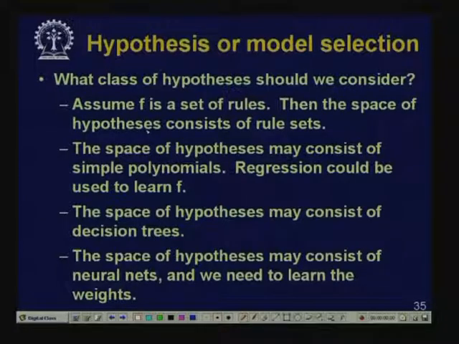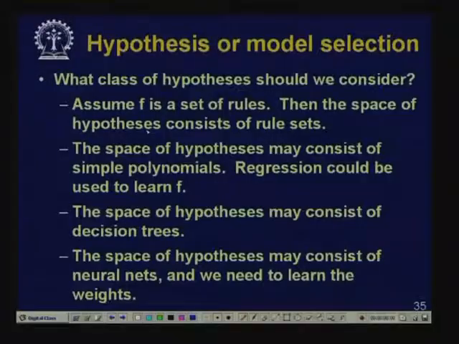The space of hypothesis could be simple polynomials. The space of hypothesis could be decision trees. The space of hypothesis that we are considering could be neural networks. Some of these we will discuss later in this class. So, we have a choice about what type of hypothesis we are going to consider.